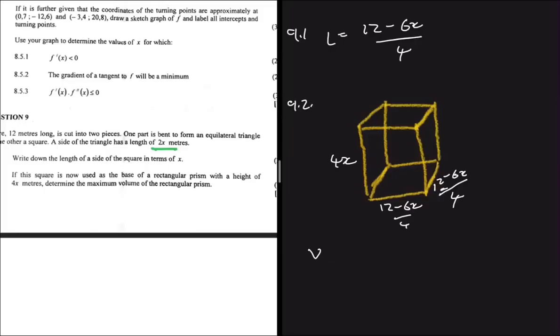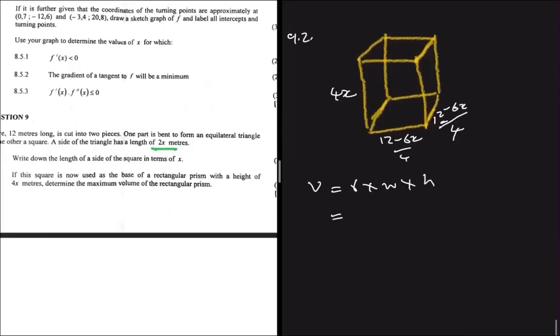We're going to say that the volume is equal to the length multiplied by the width multiplied by the height. The length we can clearly see here is 12 minus 6x divided by 4, multiplied by the width, which is also 12 minus 6x divided by 4, multiplied by the height, which is 4x.